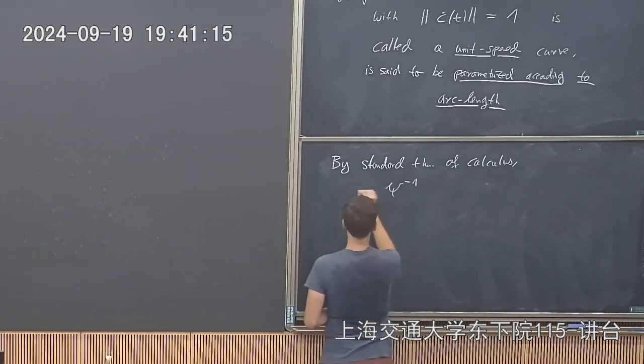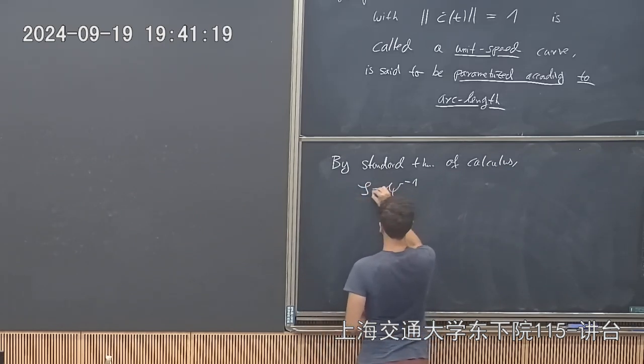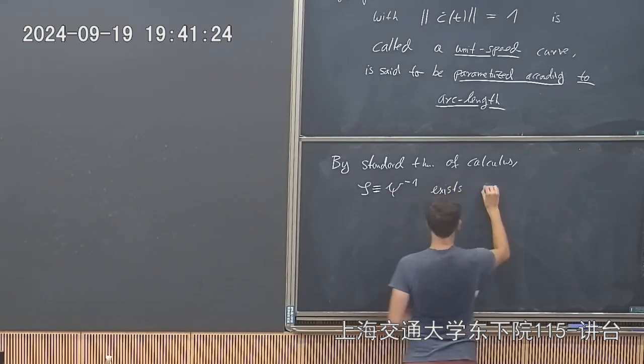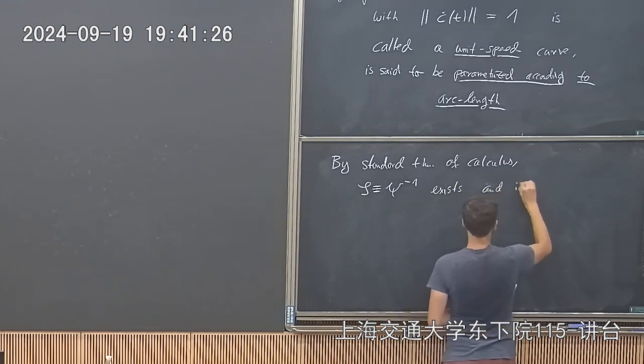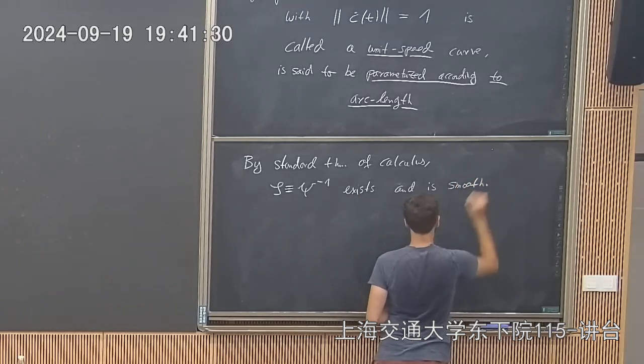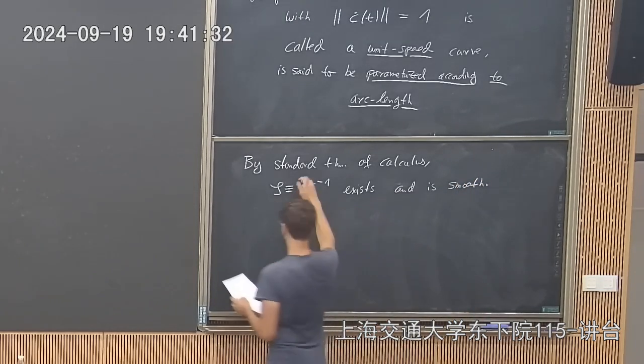Psi of t, the inverse, which we call phi. So we can actually invert that.